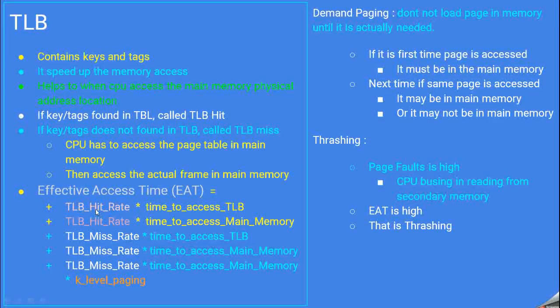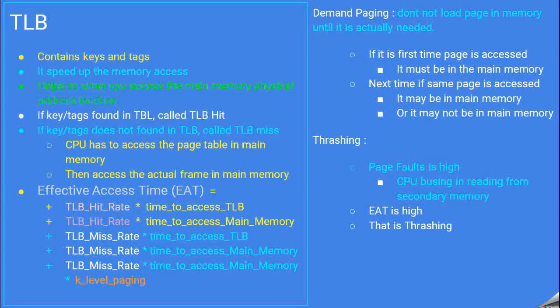The hit rate is multiplied by the time to access the TLB. If I am accessing the TLB, there is some cost to access the TLB itself too. So we have to multiply it: if the hit rate is 10%, and I take 1 nanosecond to access the TLB, the cost of one TLB access is 1 nanosecond, so I have to multiply it.